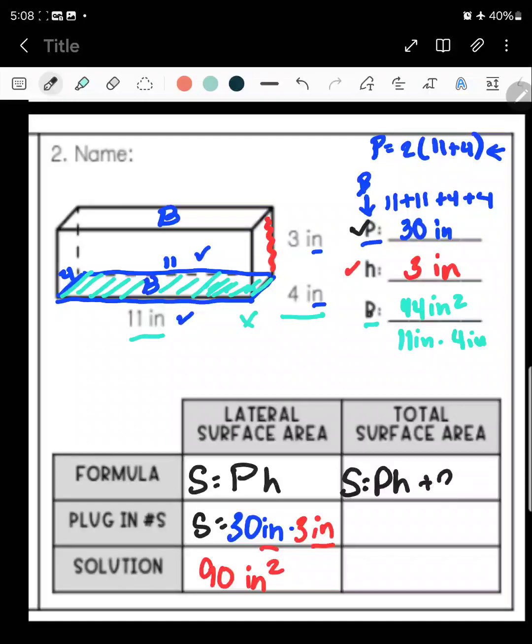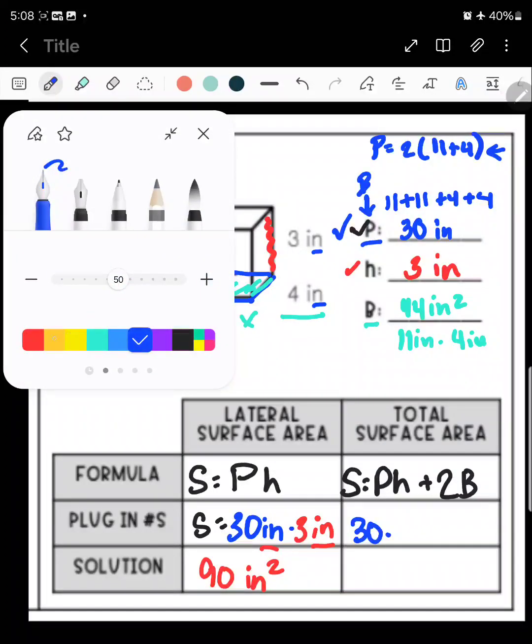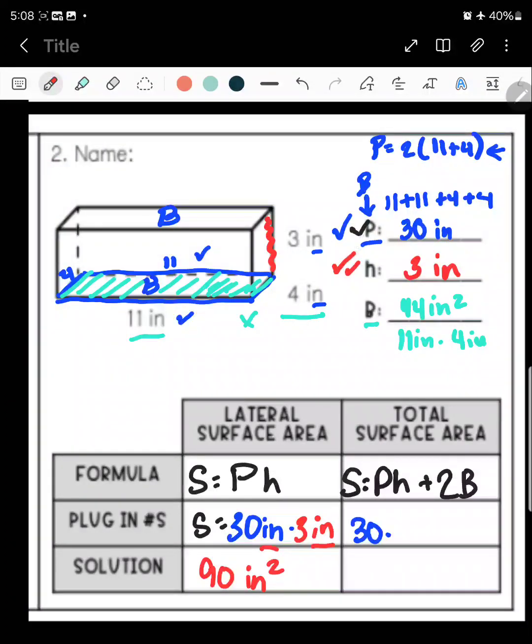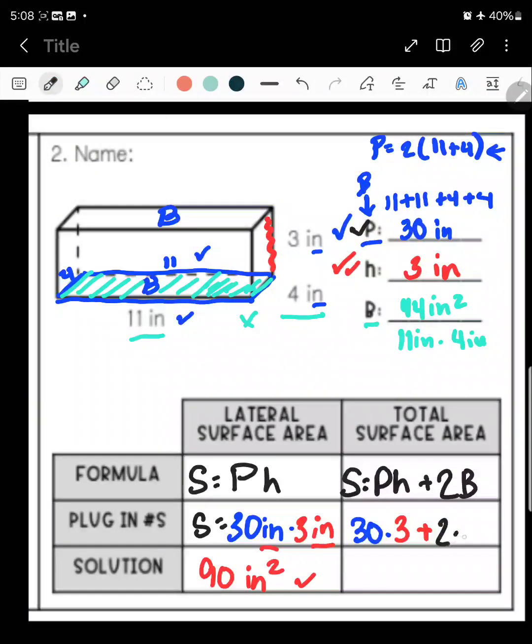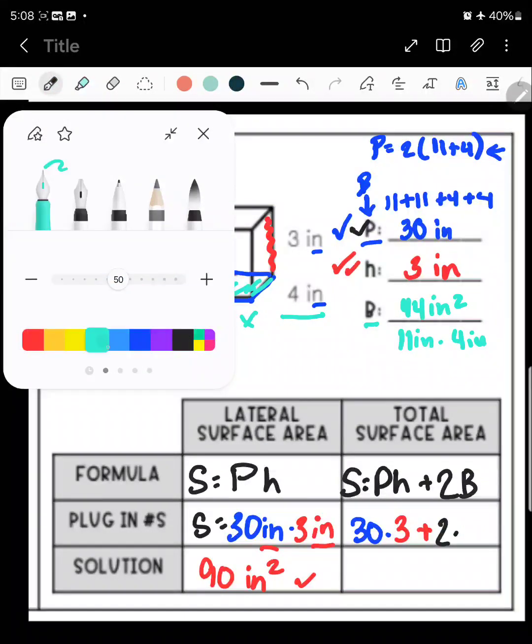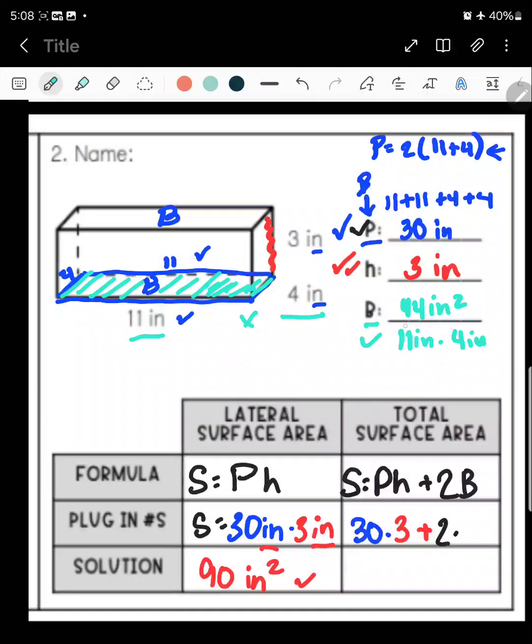Okay. All right, let's move on to the last one over here, total. Ph plus 2B. Perimeter is 30. Your height is 3. So I know 30 times 3 is 90, because that answer is right here. And then the two bases. Capital B, we got 44.